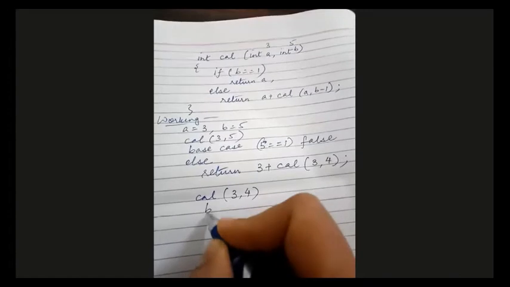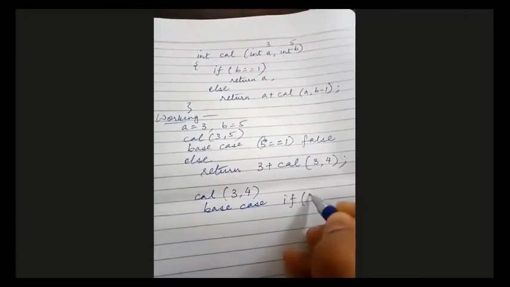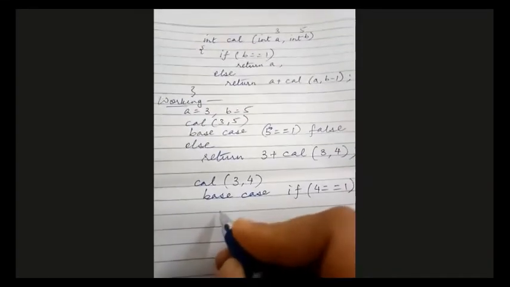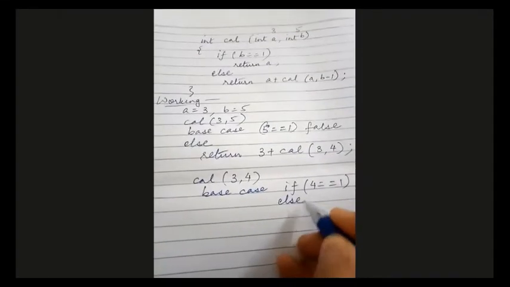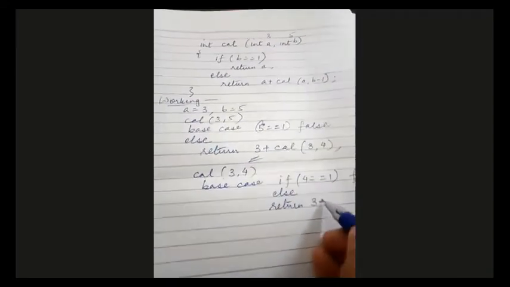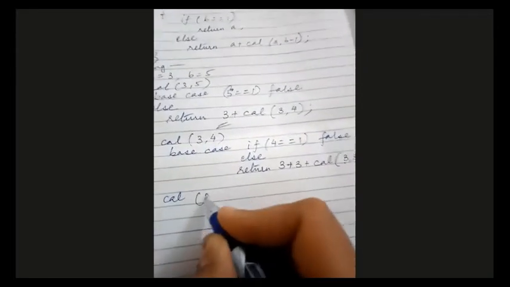Base case is checked: 4 double equals 1. This is false. Then we go to the else part. So it will return 3, which was already there, and now there will be another 3 plus cal 3 comma 3, because b minus 1 is returned from here, so now the value of a is 3 and the value of b is 3. Now cal will be called with the values 3 comma 3.